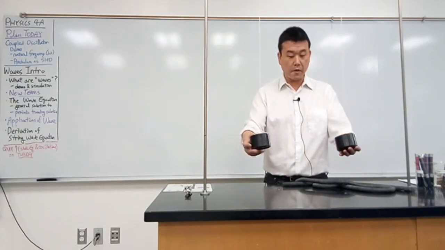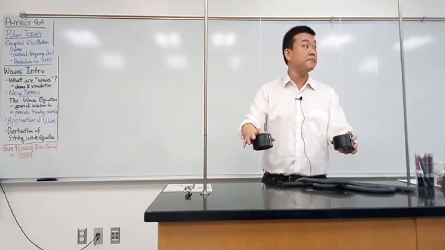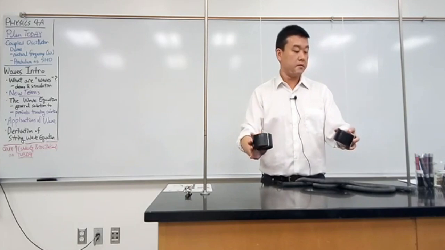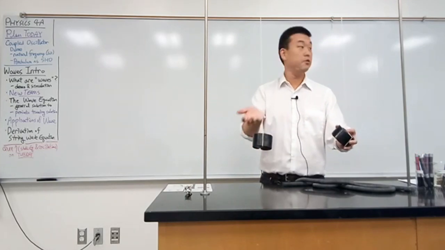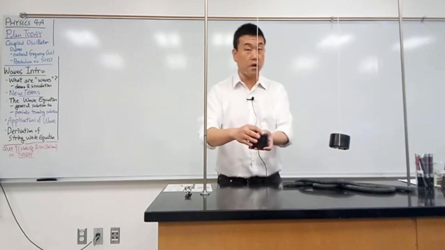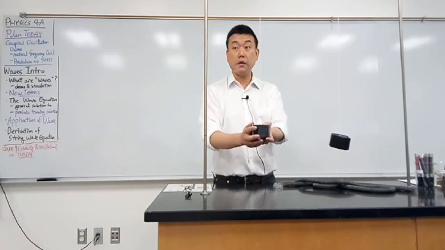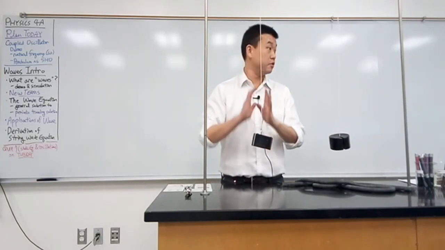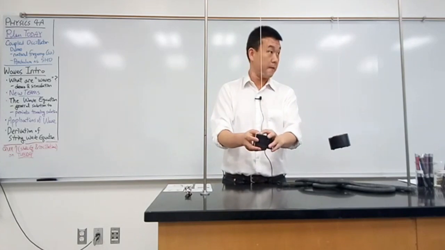So this is another example of a simple harmonic oscillator. If we had to give it a name, it would be pendulum. And we'll go through the derivation of this pendulum equation of motion so that we can see that the solution to this looks exactly like what we looked at on Tuesday.